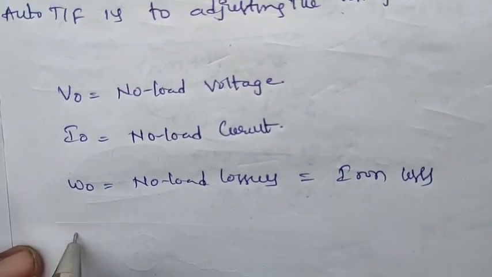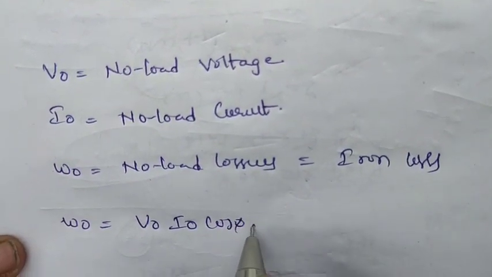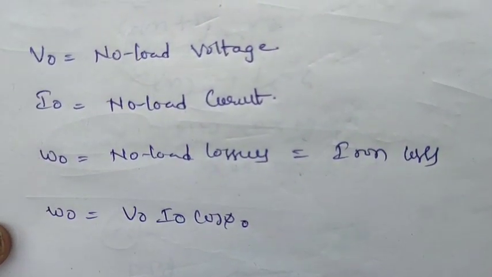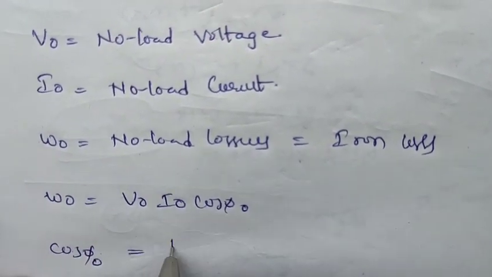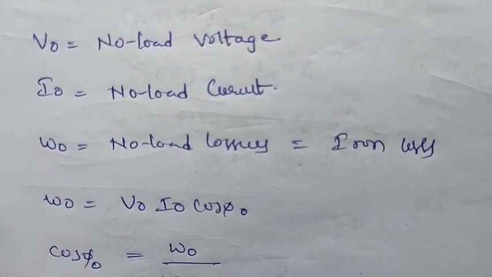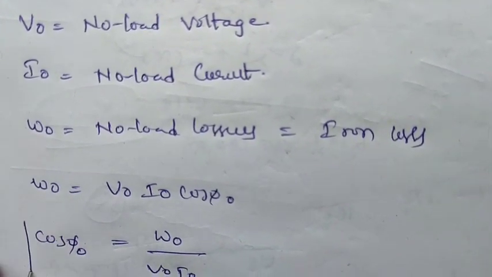W0 equal to what? V0 I0 cos phi0. So cos phi0 equals W0 by V0 I0.